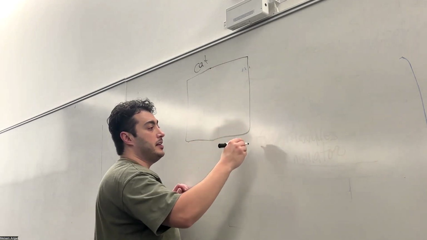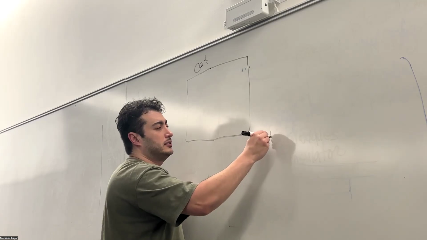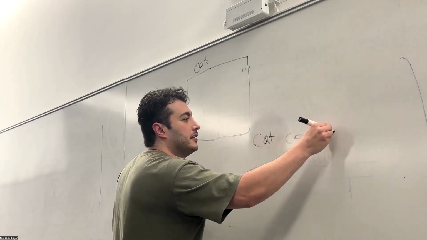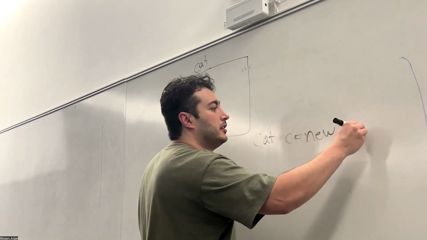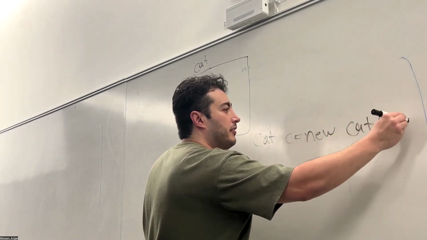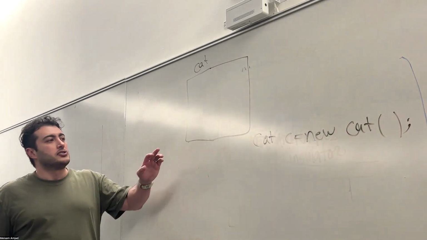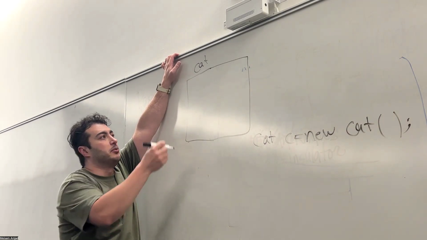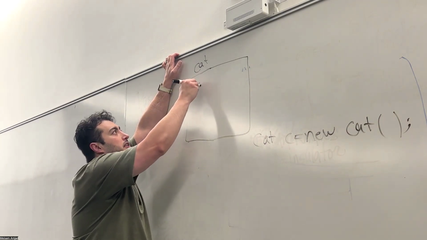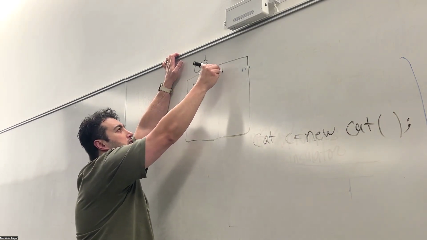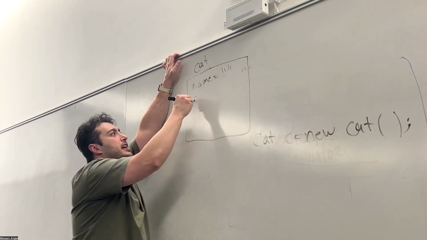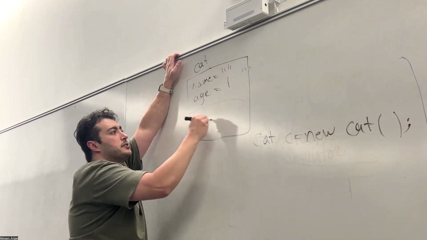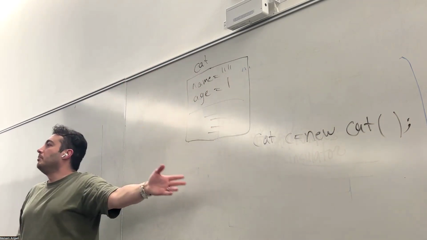And then you say Cat c = new Cat(), whatever. This cat object, let's say it has some instance variables. Right now, the name is an empty string, the age is 1, and it also has a bunch of methods in it.